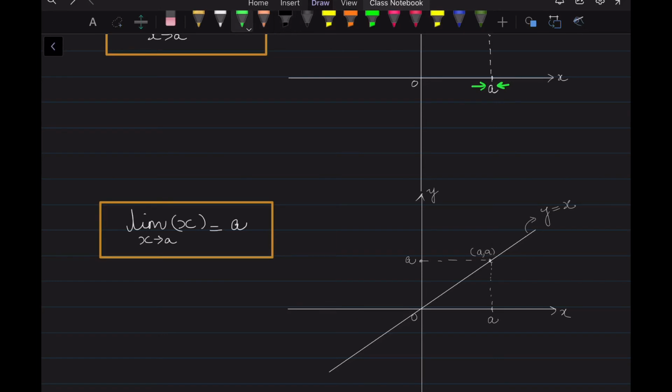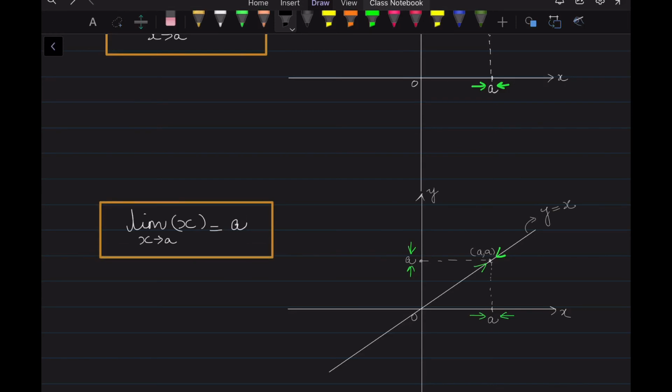Now it is very easy to see that as x approaches a from either side of a, the values on the graph approach the point whose coordinate is (a, a), because the values of this function x approach the number a on the y-axis. So this point a is the limit of this function x as x approaches a. So this is how we get the limit of x as x approaches a is equal to a.